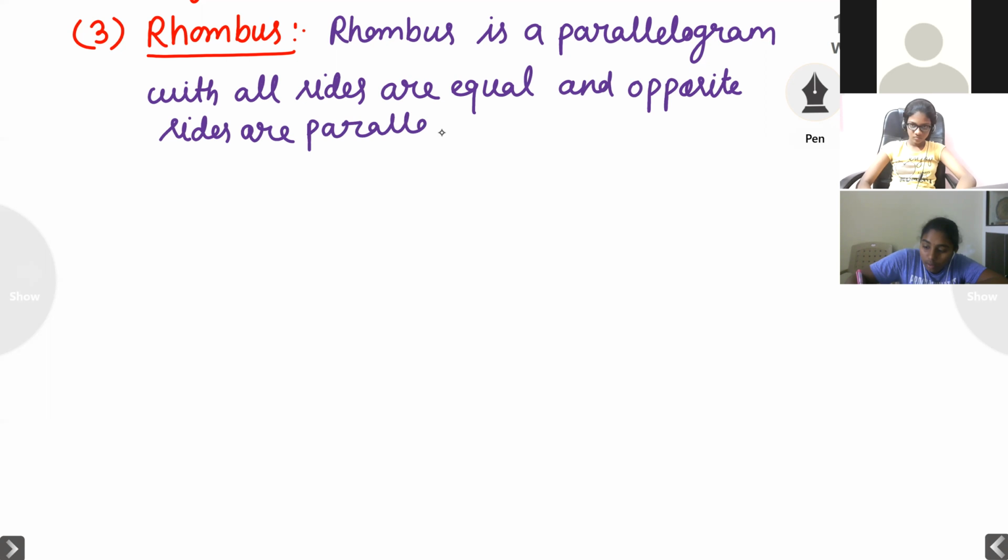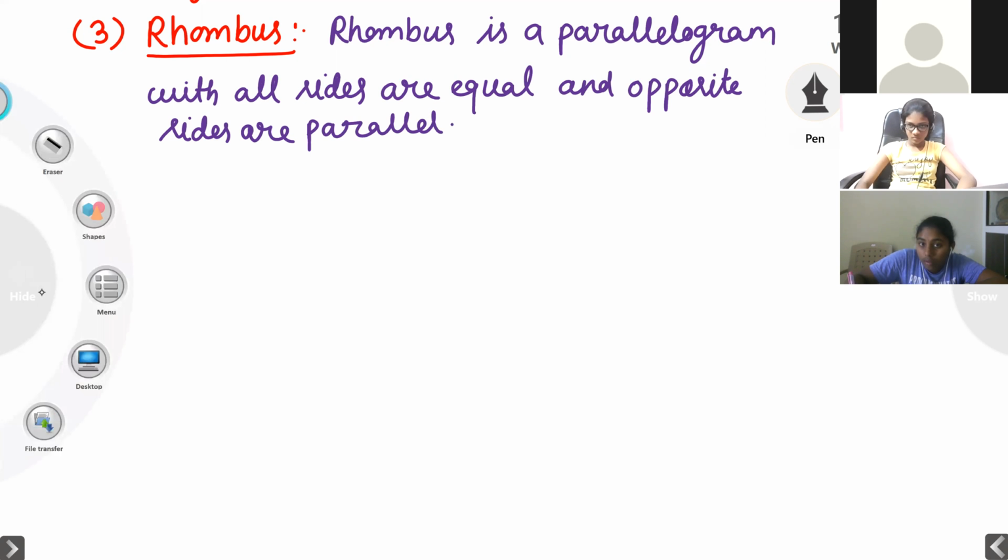In a rectangle, students, also opposite sides will be parallel only. Okay, don't confuse.